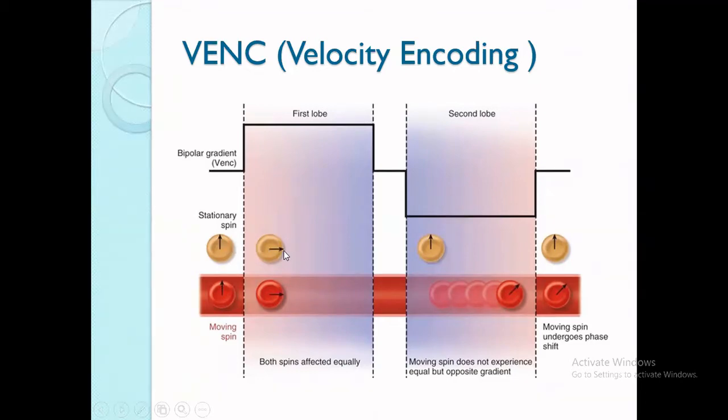So the same change happens in both the stationary spin and the moving spin. But you know that there is a change happening. For example, this particular blood is flowing. So if it is flowing and we apply the second lobe, the second gradient, what will happen? Straight away, the stationary spin will return to its original position, which is like this one.